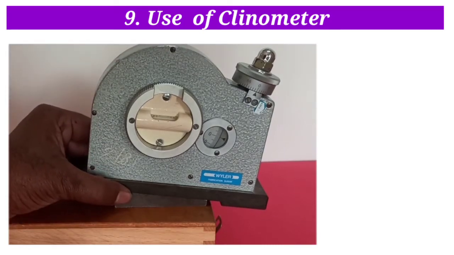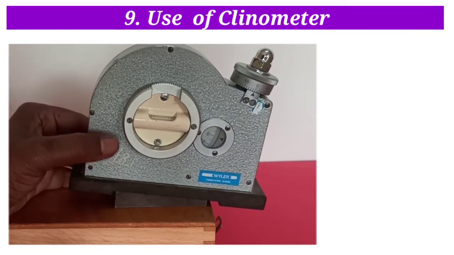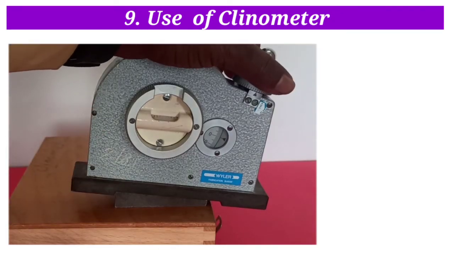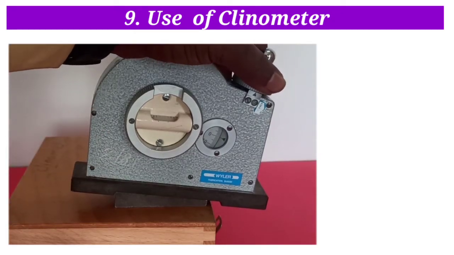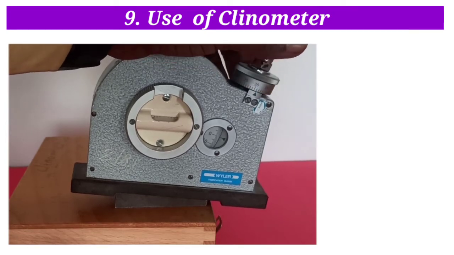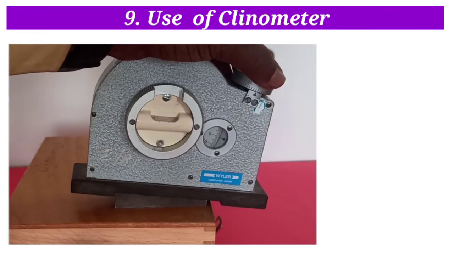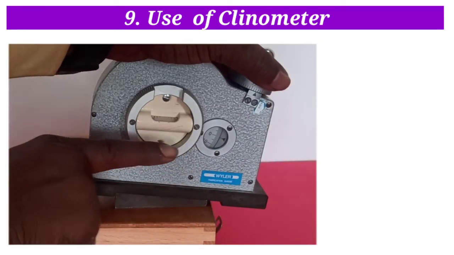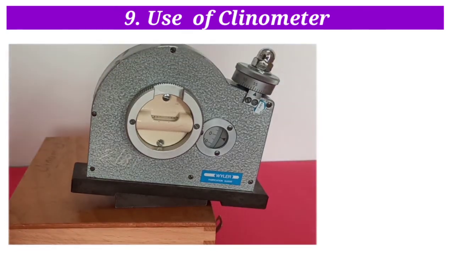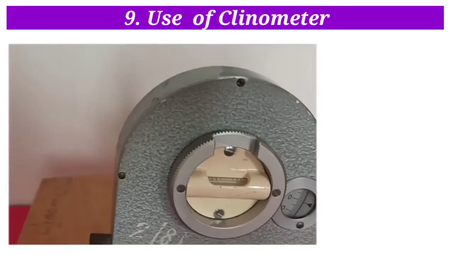Now to measure this angle, we have to turn it. If you observe, the scale is also moving, and at the same time this spirit level is also changing its position. We have to move it until the bubble is central.